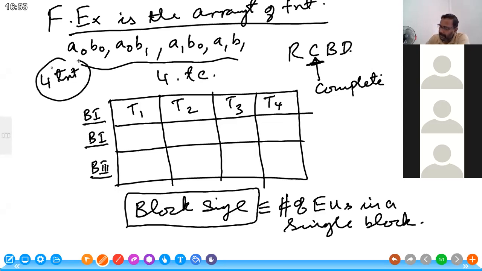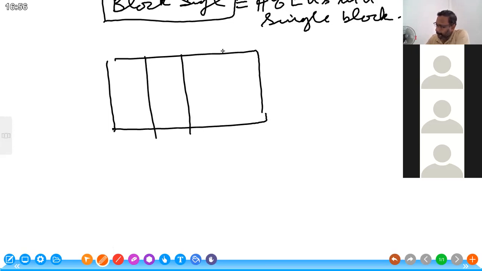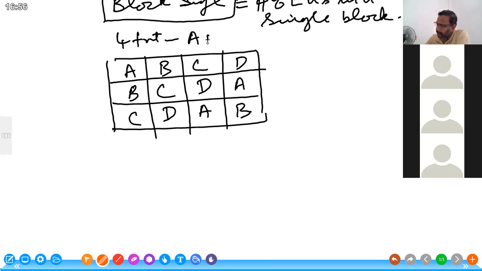I have only 4 treatments, named as A, B, C, D.